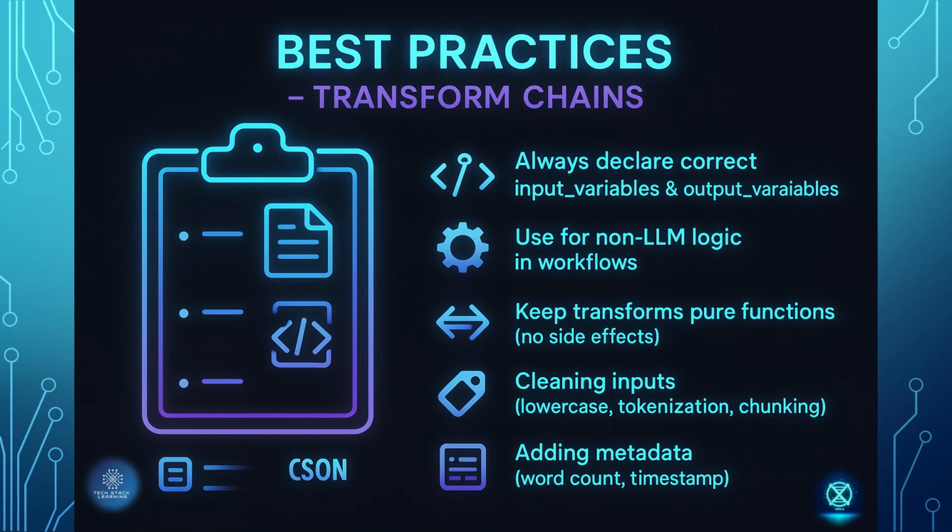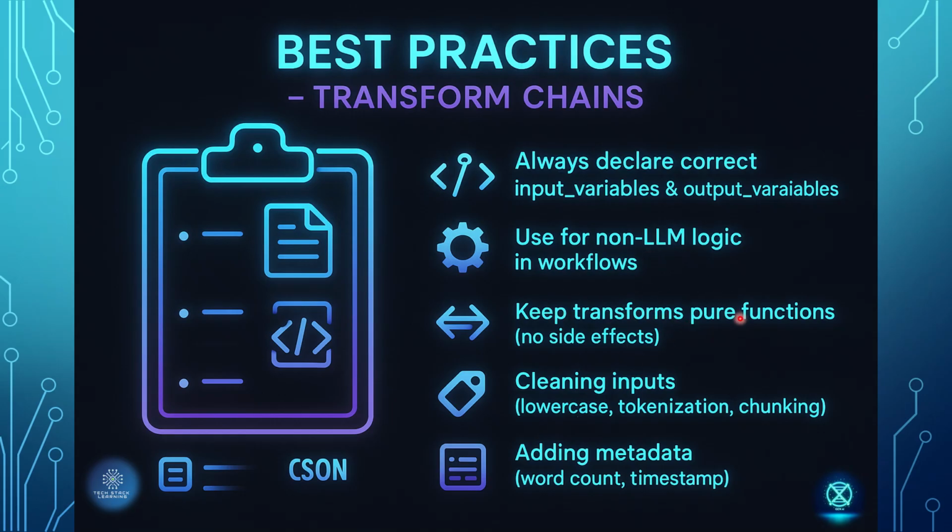Now let's look at the best practices when we use transform chains. Always declare the correct input variables and output variables, because there can be scenarios where they might collide. Ensure you declare them correctly. Then use transform chains for non-LLM logic in workflows, like lowercasing strings or getting keywords.